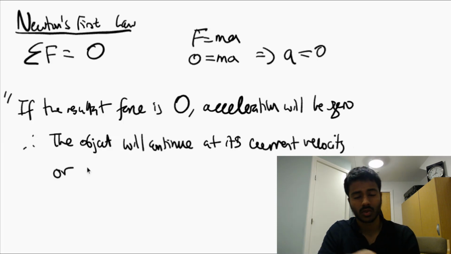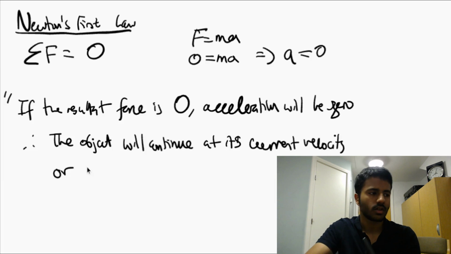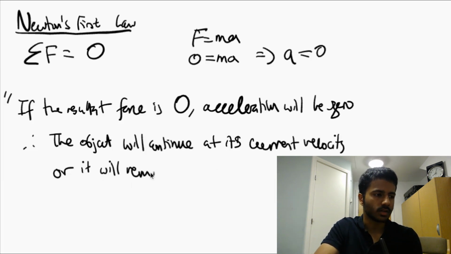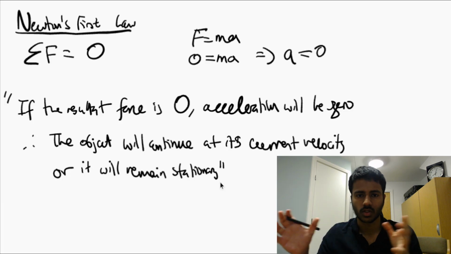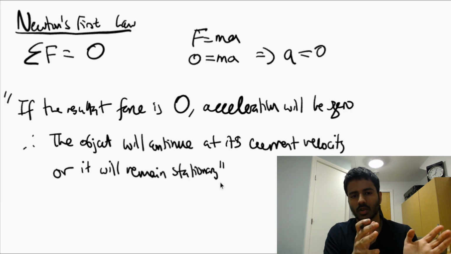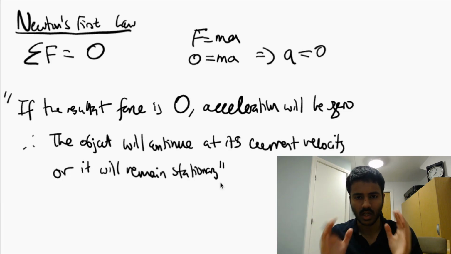Or, if it was never moving to start off with, it will remain stationary. So if an object was moving at a certain velocity, it will keep on moving at that same velocity. Or if it was standing still, not moving at all, if the resultant force is 0, it won't be moving.